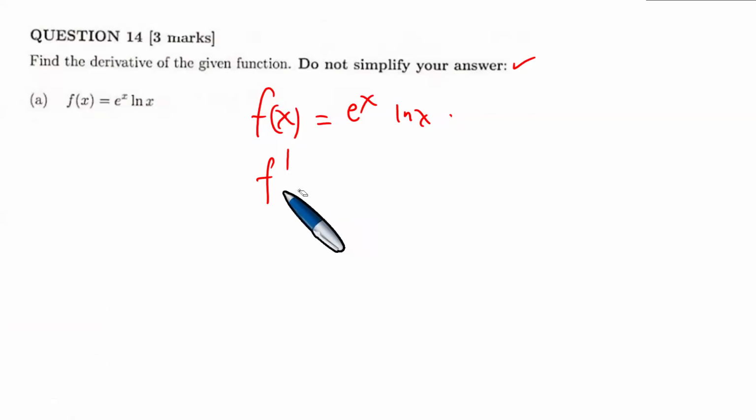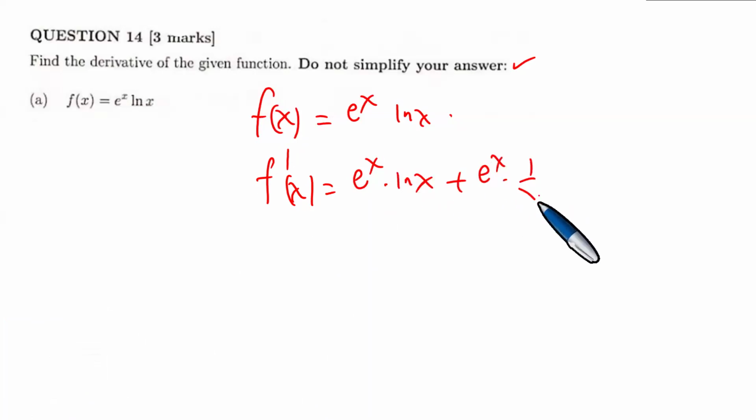So f prime of x is e to the x ln x. So first find the derivative of e to the x, which is e to the x ln x, plus e to the x times 1 over x. Like this.